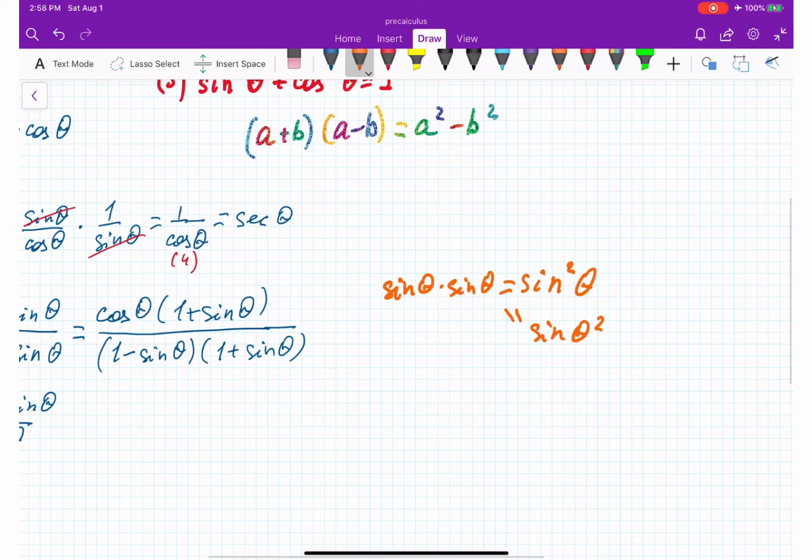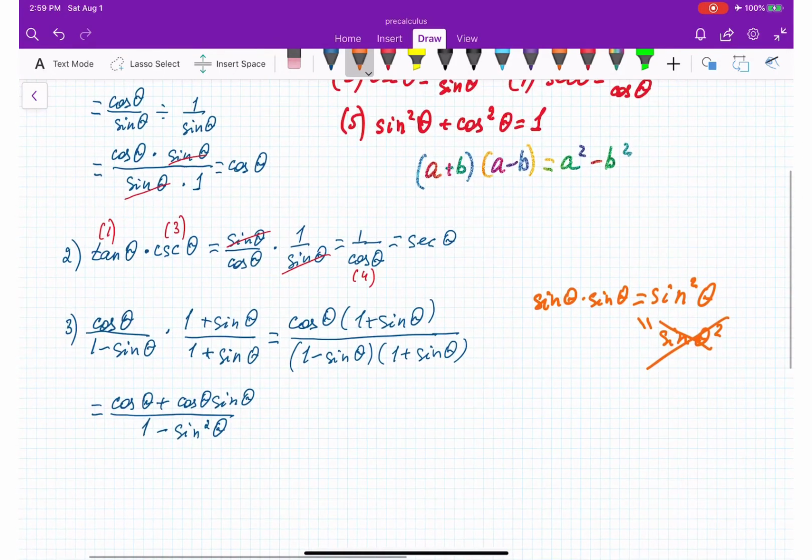It's absolutely wrong. Sine times sine, tangent times tangent will be tangent squared. Cosine theta times cosine theta will be cosine squared, but not theta squared. All right, so moving on.